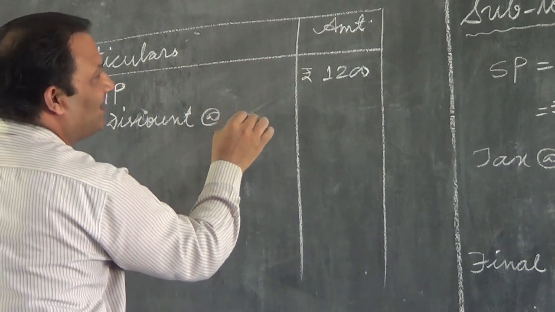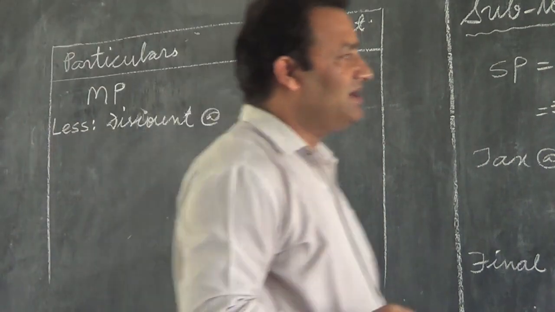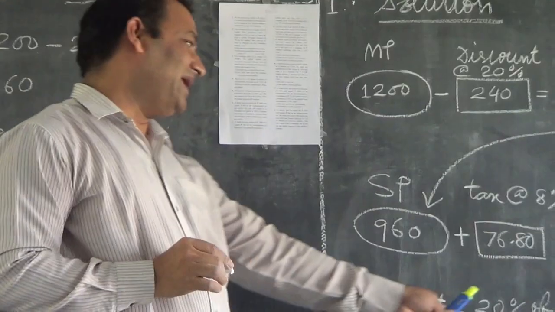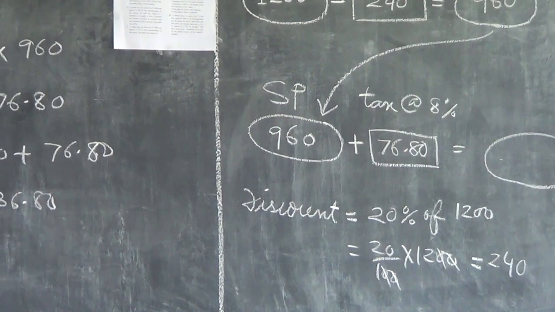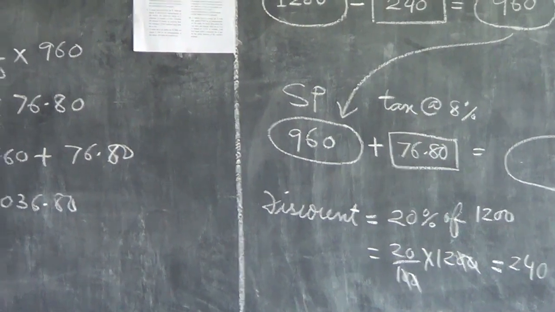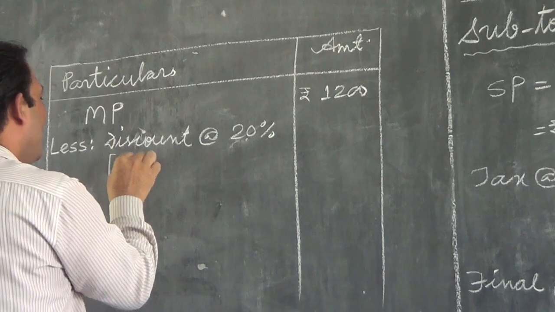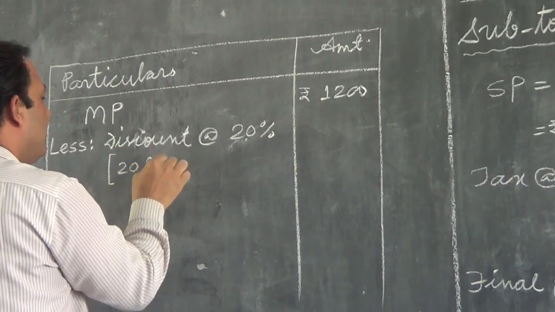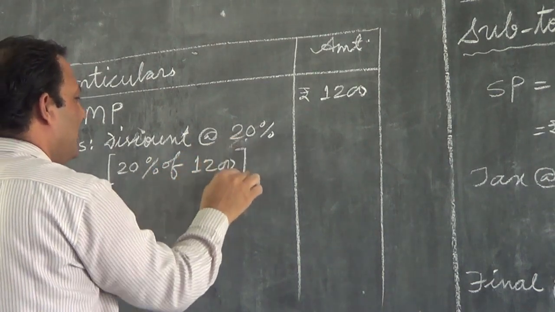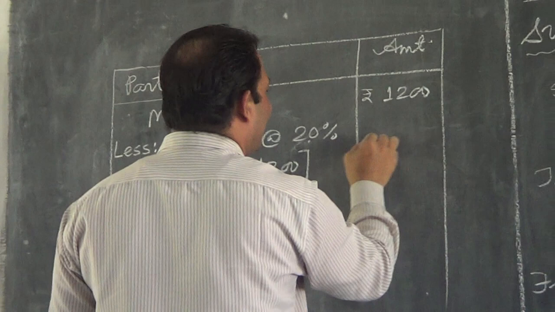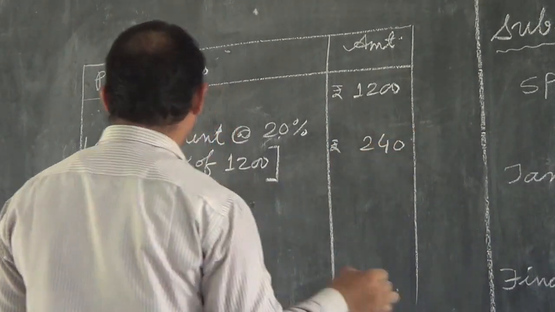At what percent, children? Discount we calculated at 20%. This is to be subtracted. So I am writing here 20% of 1200, and I got here 240 rupees.